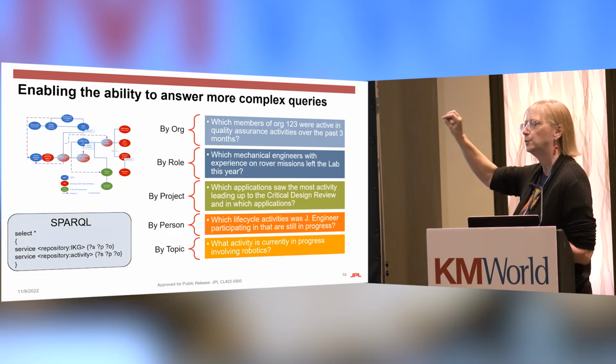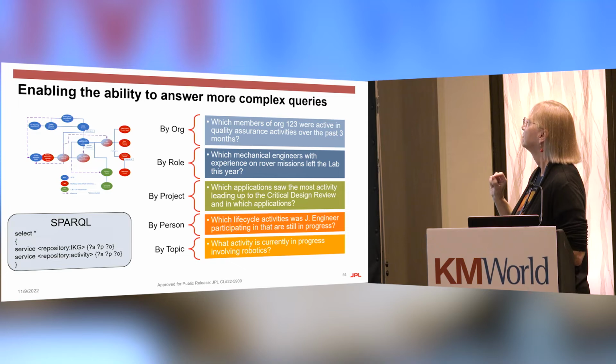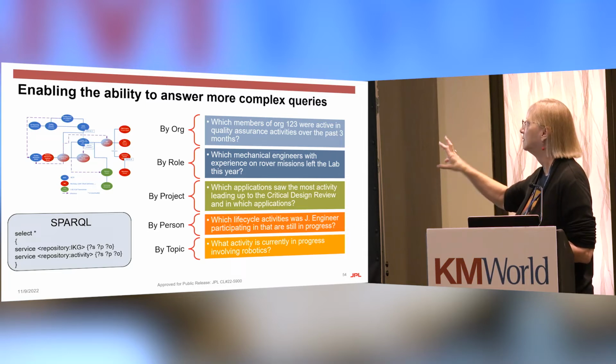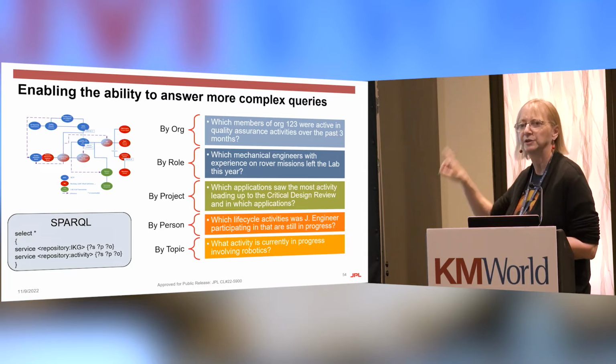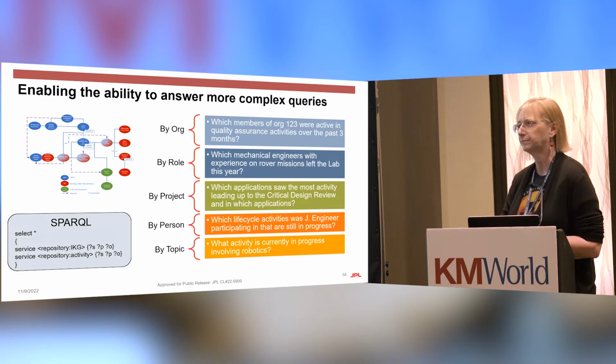We know exactly who was doing work, day to day, in that data set. So what activities currently in progress involve robotics, et cetera. You can ask these very complex questions because you have these linked data sets.